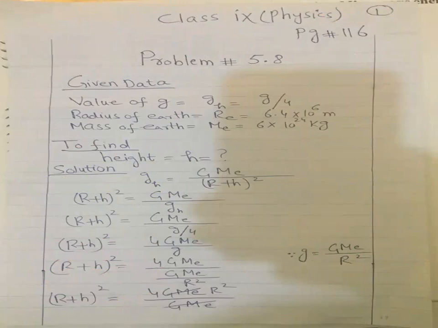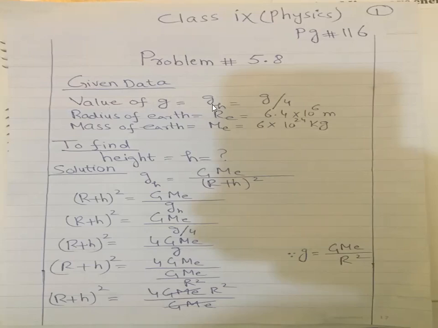This problem is on page 116 of your ninth class textbook. I repeat, 5.8. At what altitude the value of g would become one-fourth than on the surface of the earth. This is the numerical I'm going to solve and explain to you.